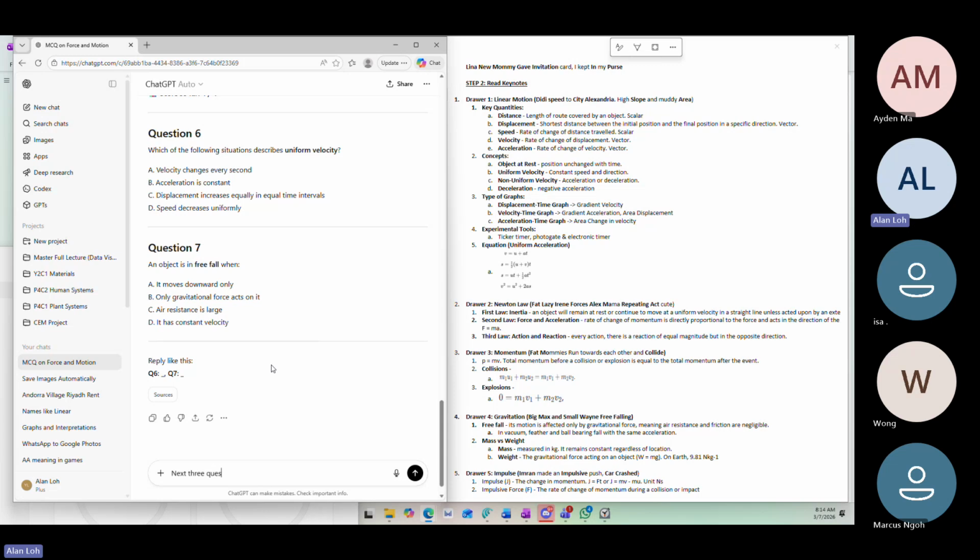Next 3 questions. Need to get it from Newton's law, momentum, and impulse.